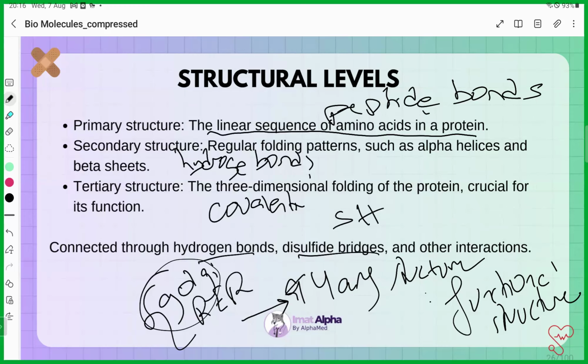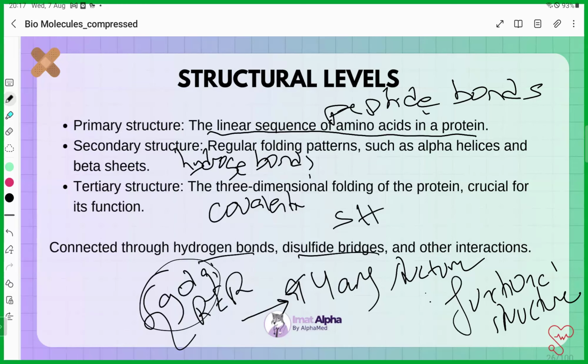We have other proteins like enzymes to catalyze and accelerate reactions, receptors, antibodies, saliva, and all of these things.